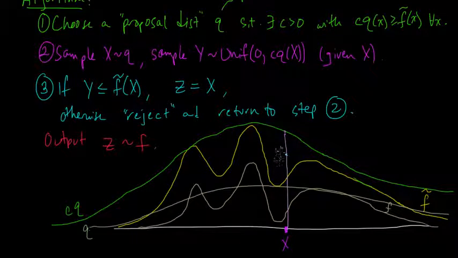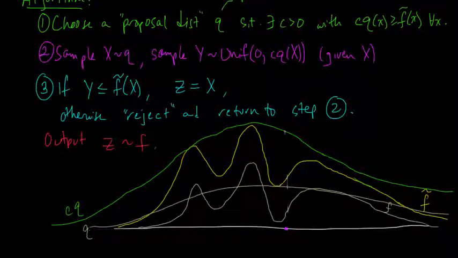Okay, so we reject that y. We return to step 2. Well, we don't reject x, but we reject that whole iteration. Now we draw a new x, and maybe it's here.